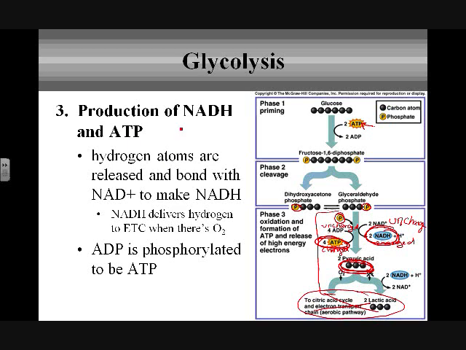So ADP is phosphorylated. Remember that phosphorylated is just adding phosphate. So here we have the ADP adding phosphate to become ATP, diphosphate becomes triphosphate, 2 becomes 3. And in the end we have those 2 pyruvic acid molecules, 2 pyruvates, and they're what moves on into the next process.